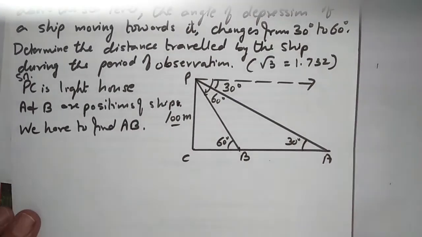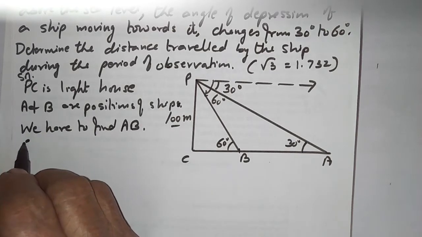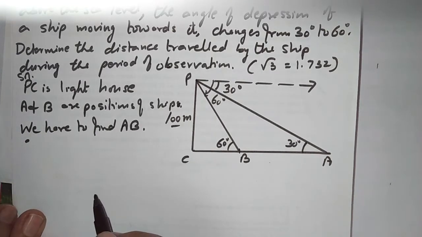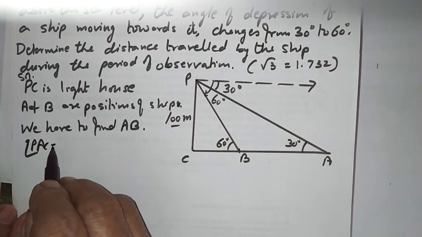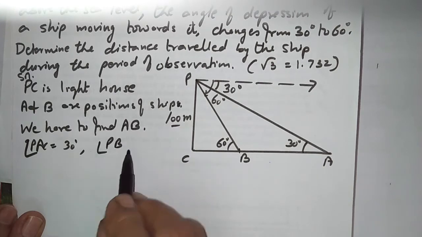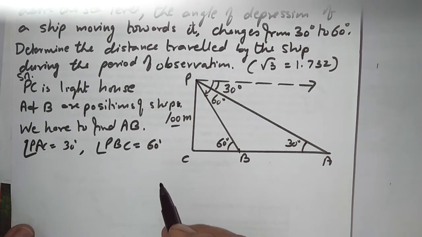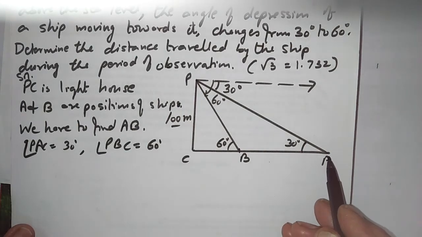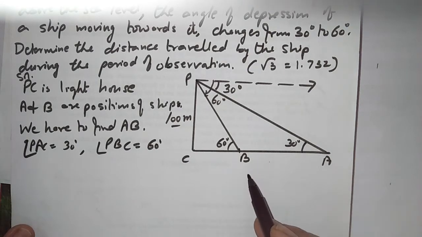Now let us say, angle PAC will be 30 degree and angle PBC will be 60 degree. Now beta, the ship has come from A to B, but we can't find this distance AB directly.